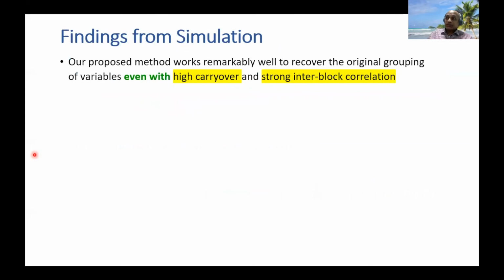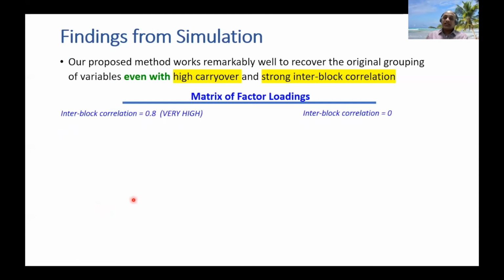Our proposed method works remarkably well to recover the original groupings of variables, even when high carryover and strong interblock correlation exist. To illustrate this, let us consider a matrix of factor loadings from 2 specific scenarios.